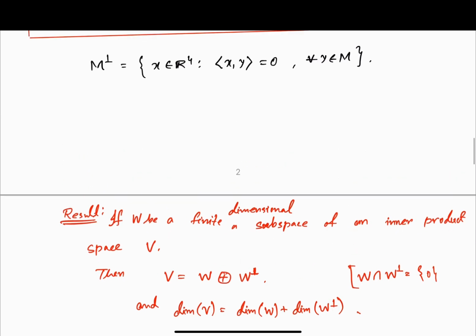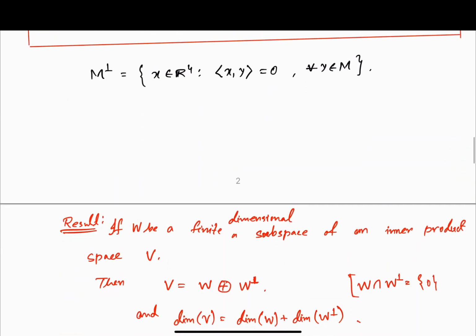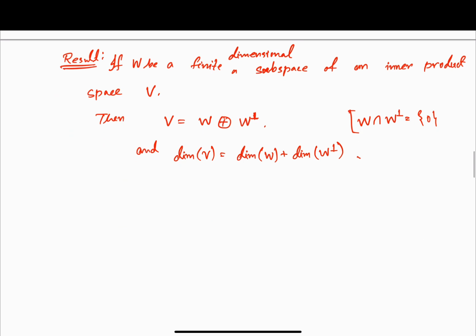Therefore, the dimension of M perp will be the dimension of V, here R4, minus the dimension of M, as M is a subspace of R4.